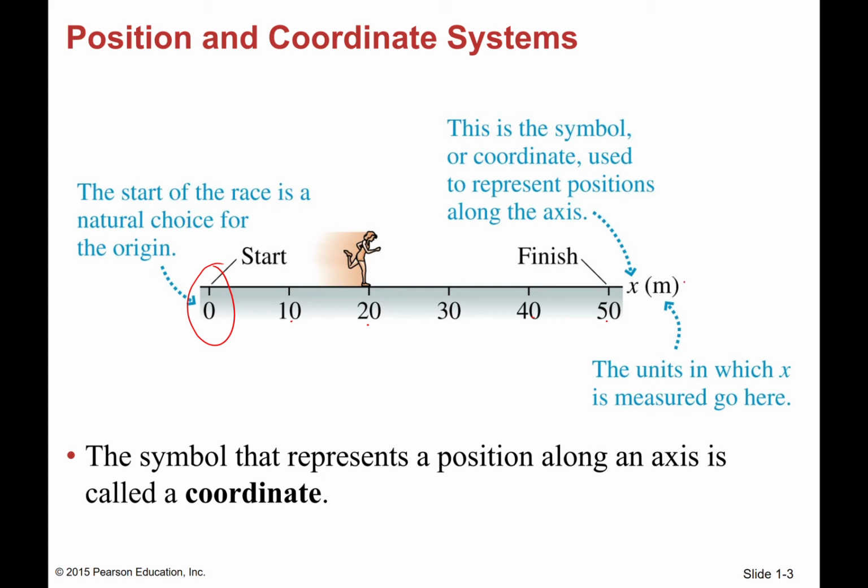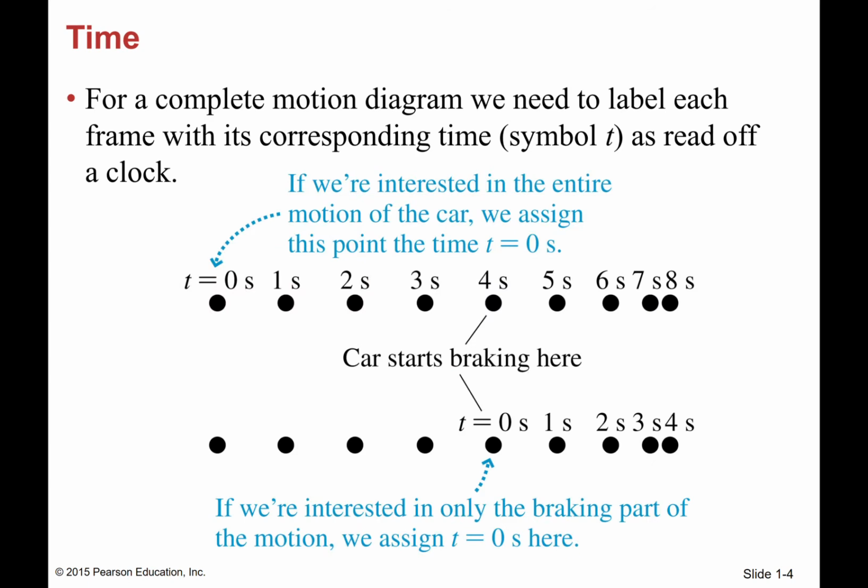We are going to use the convention that we label X for the axis. So this axis is going to be labeled X, and typically we specify the units that we are using in between these parentheses here. So in this case, at this time, as it is shown here, she is at the position 20 meters from this origin here in this coordinate system.